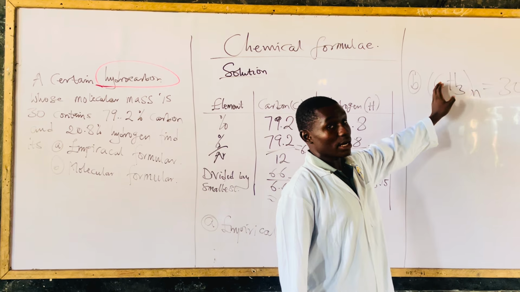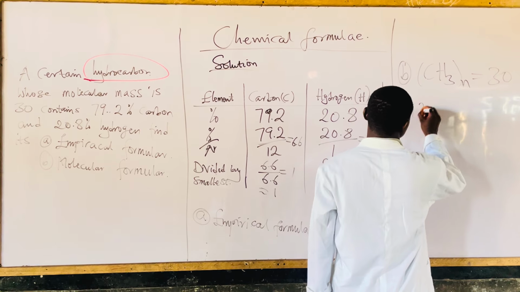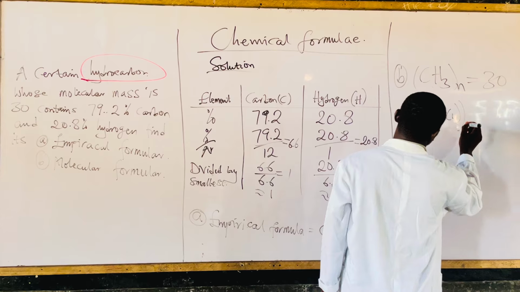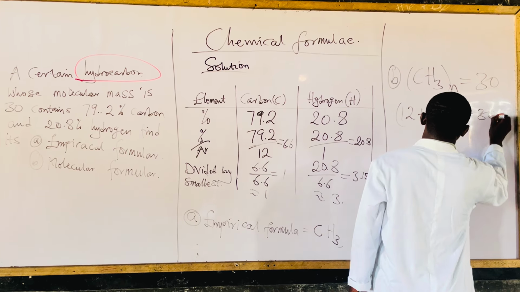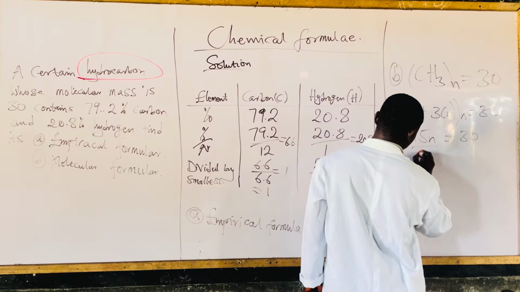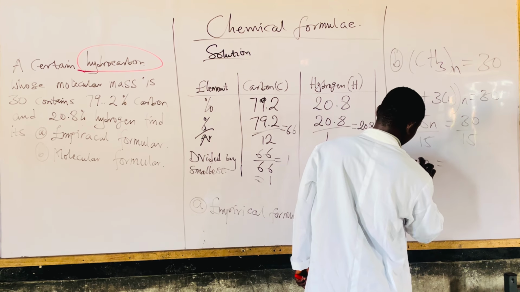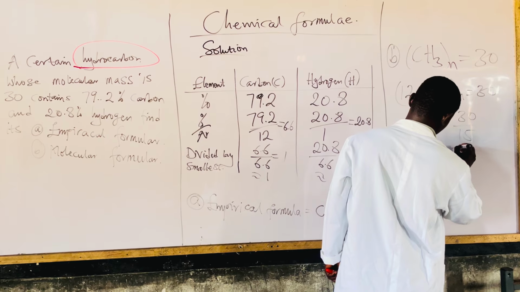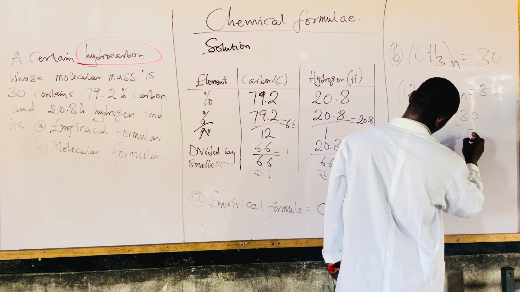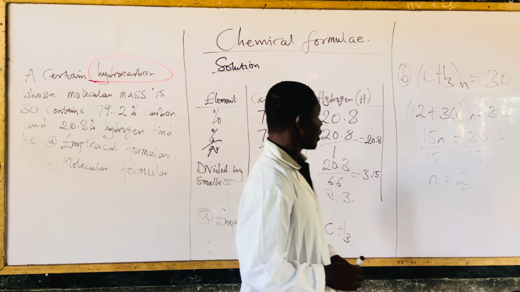Relative atomic mass for carbon and that of hydrogen. We'll continue and then we'll solve for N. So our value for N is 2.